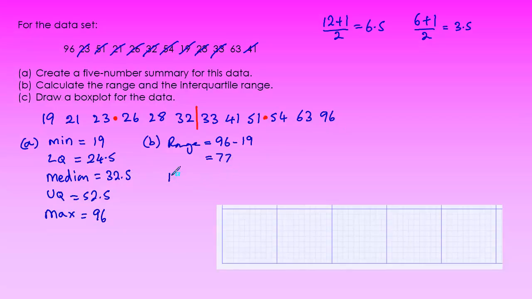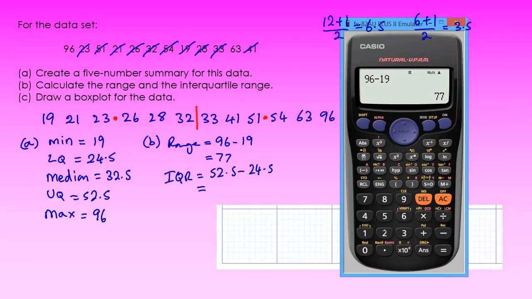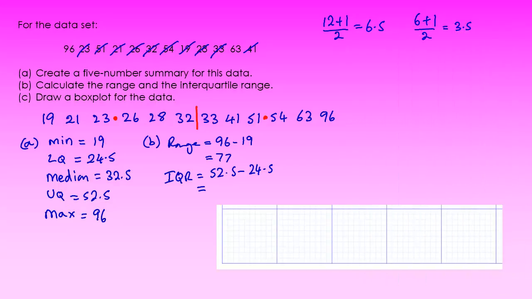And the interquartile range is the upper quartile take away the lower quartile. So that will be 52.5 take away 24.5. And we can do that one. So 52.5 take away 24.5. That gives us 28.